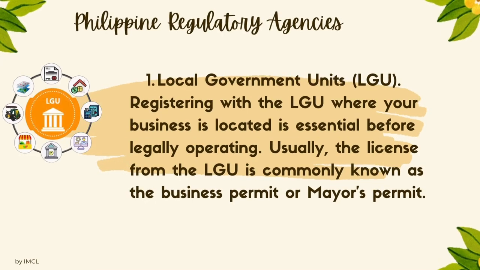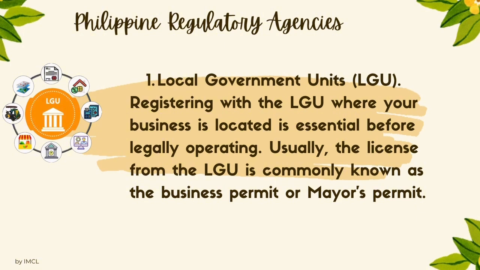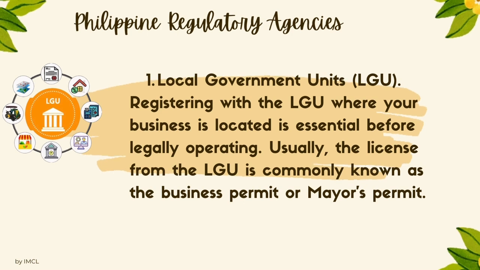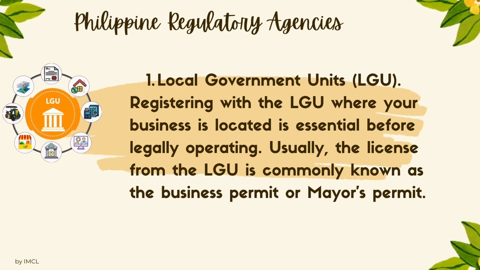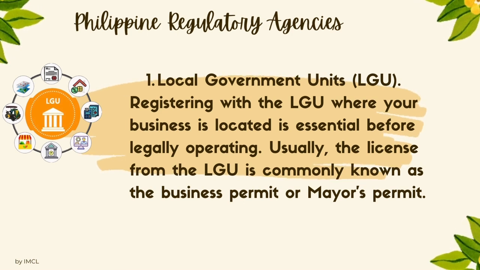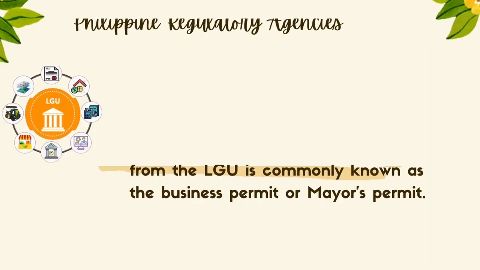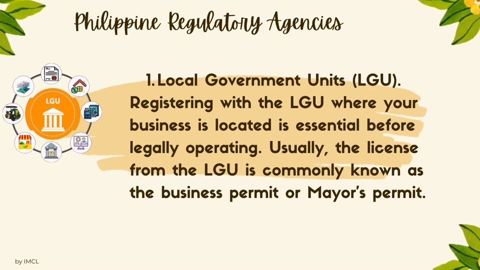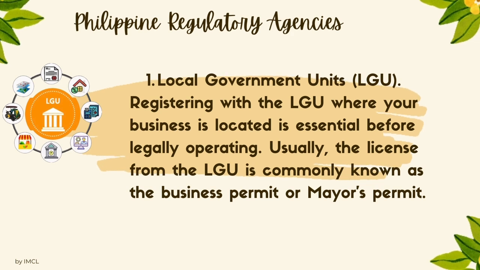The first one is the local government unit or the LGU. Registering with the LGU where your business is located is essential before legally operating. Usually, the license from the LGU is commonly known as business permit or mayor's permit. Some cities require you to process a business permit first before registering with BIR.